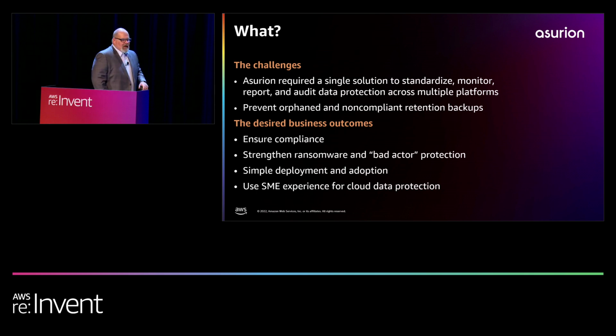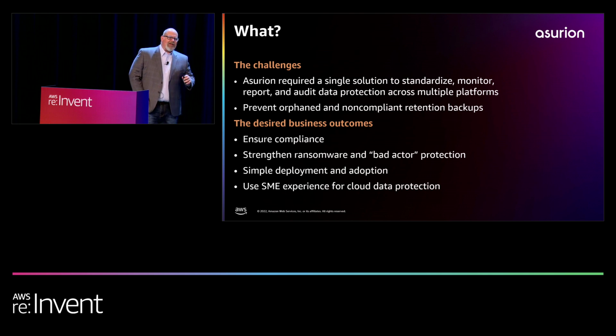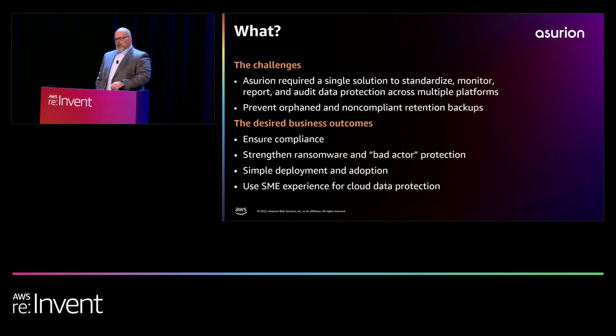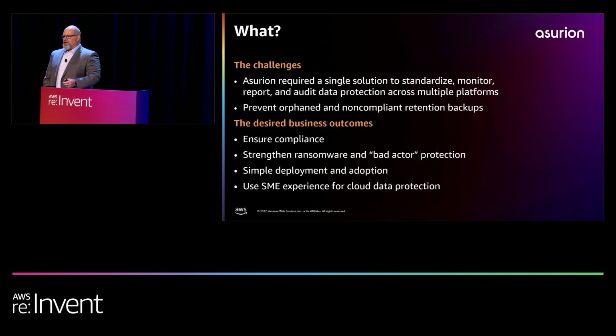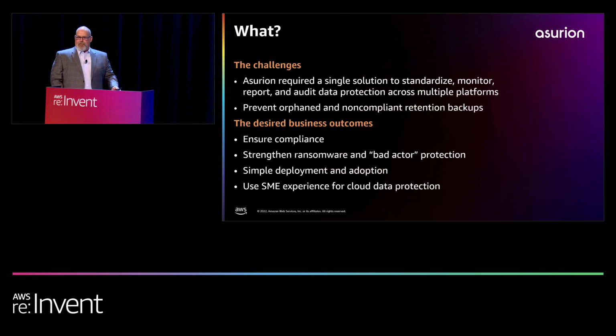The second is preventing data sprawl due to non-compliant retention policies and orphan backups. I am sure some of you have had to write scripts to find those orphaned EBS snapshots that have been sitting out there for a couple years.